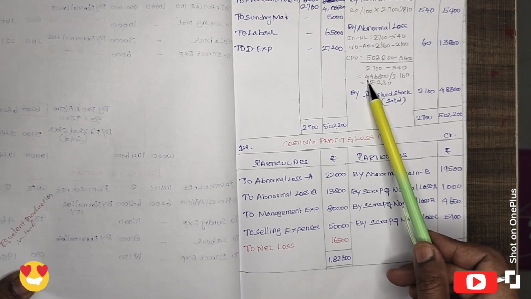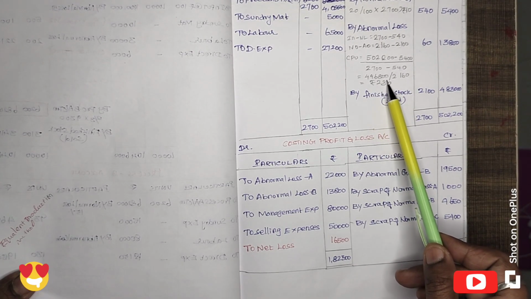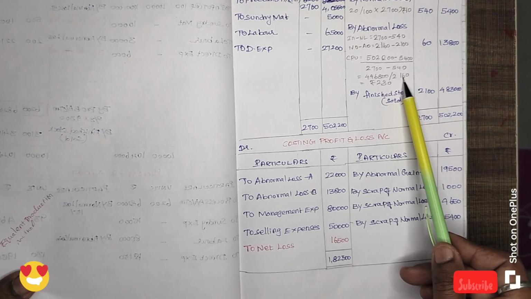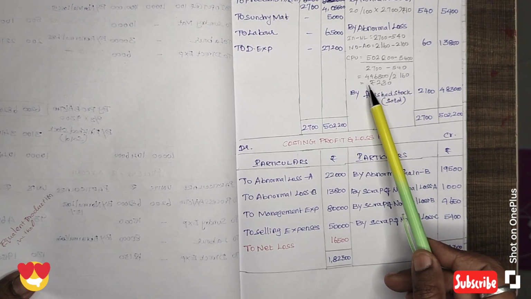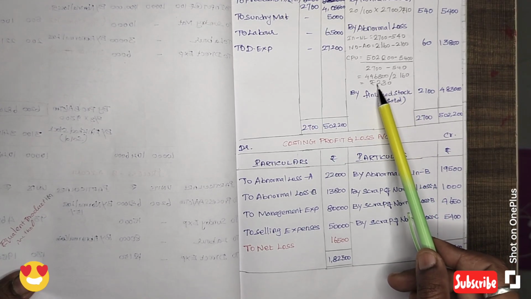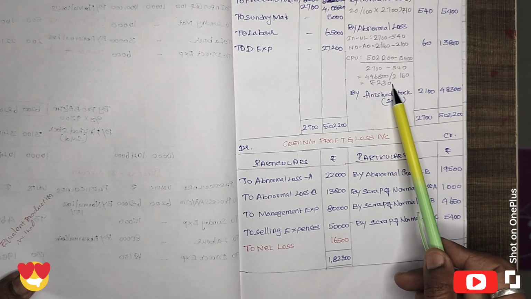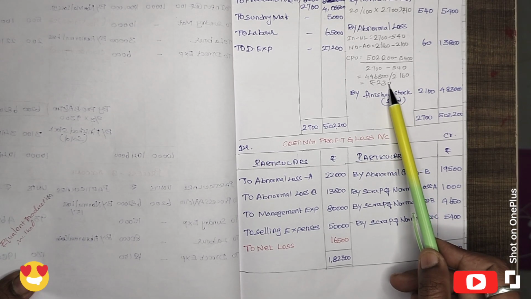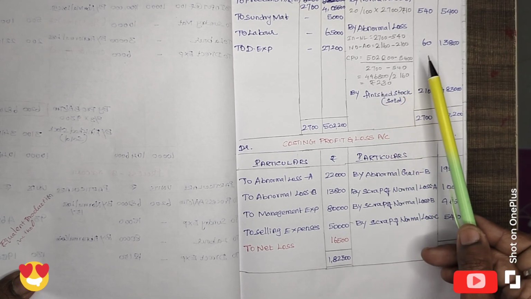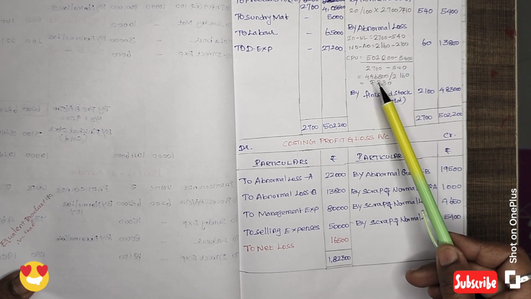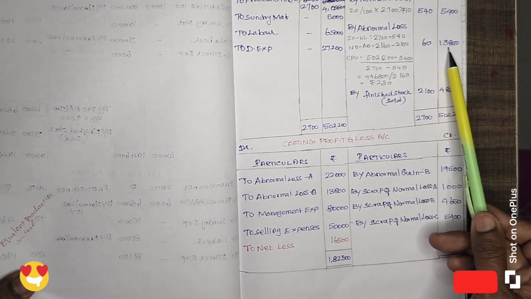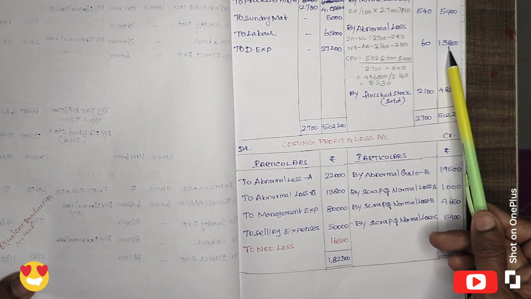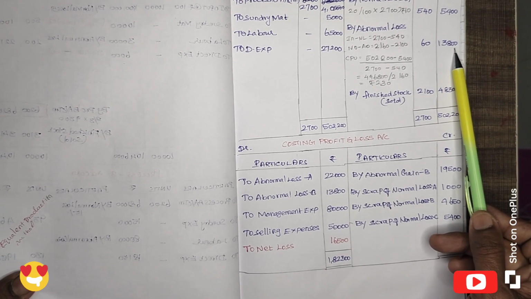You will get 4,96,800 divided by 2,160 units. After dividing you will get 230 rupees. This is called the cost per unit. Then you calculate the cost per unit, 230 rupees, with 60 units, and you will get the value of abnormal loss, that is 13,800 rupees.